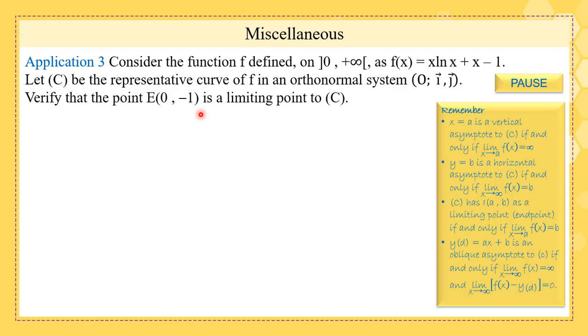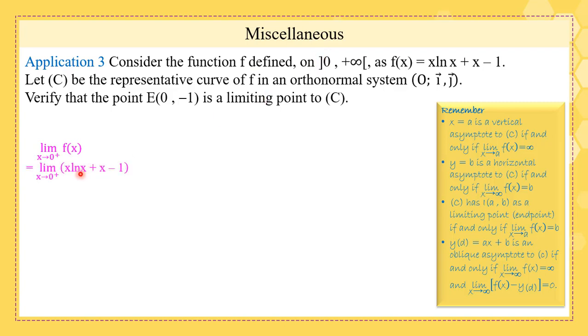Try to find it alone. Now the limit of f of x as x tends to 0 plus. Remember, we find here the limit as x tends to 0 plus because it's open at 0.